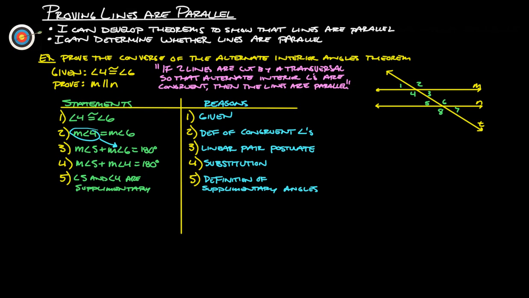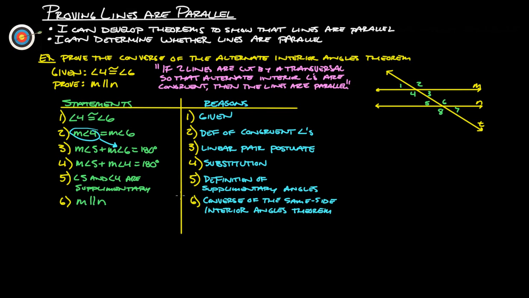Now, the last thing we can do, now that we know that angle 5 and angle 4 are supplementary, we can say that line M is parallel to line N because of the converse of the same side interior angles theorem, and that's what we were trying to prove here.